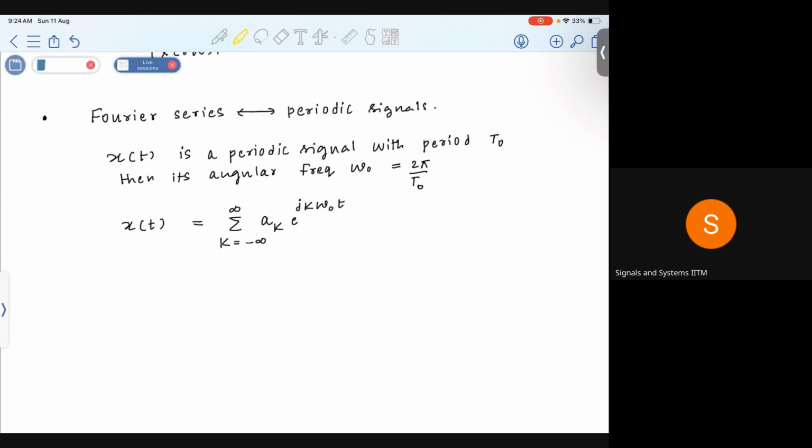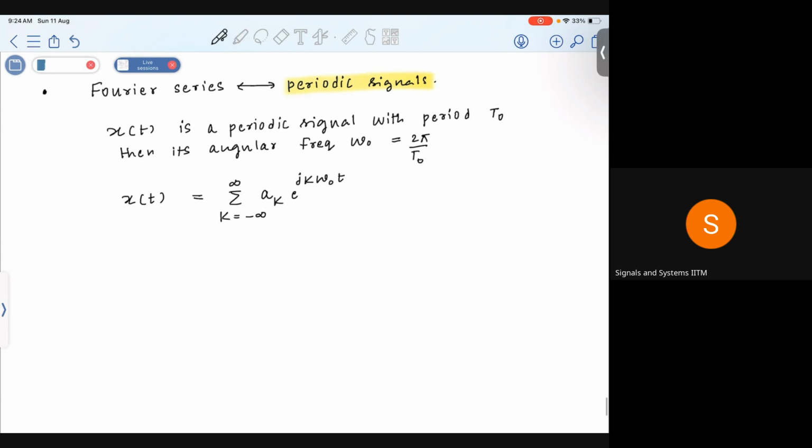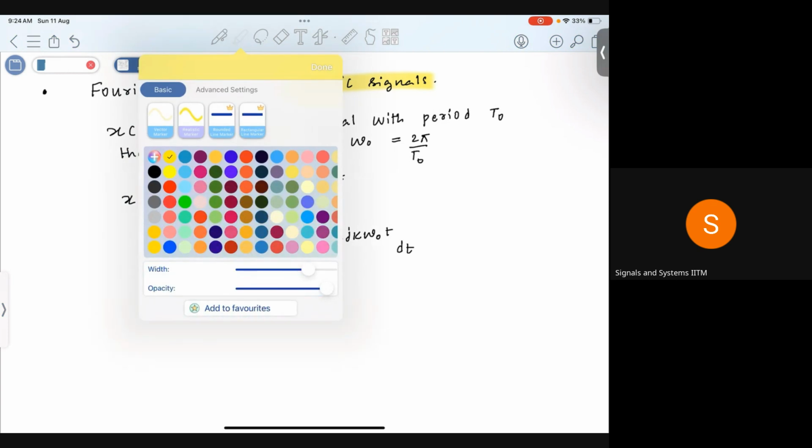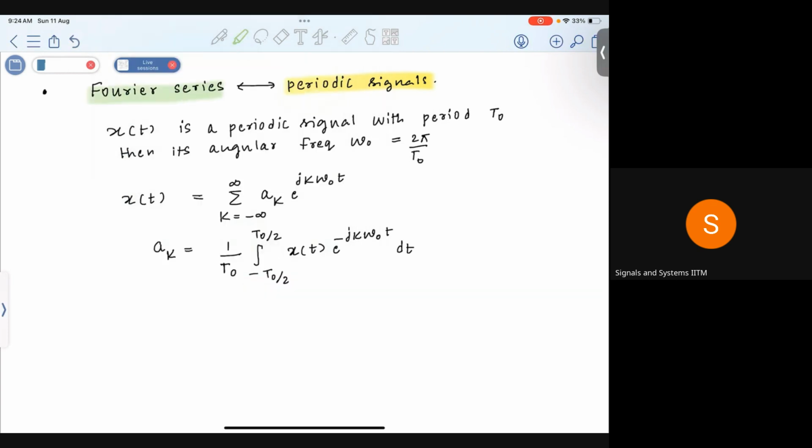This is the representation of the Fourier series, where a k's are given as 1 by T naught integral from minus T naught by 2 to T naught by 2 of x of t e power minus jk omega naught t dt. So this is Fourier series. You should not forget this: for any periodic signal, we have the Fourier series representation.